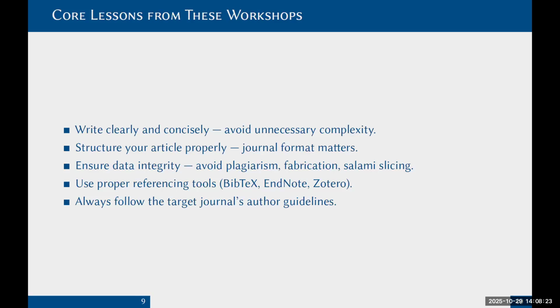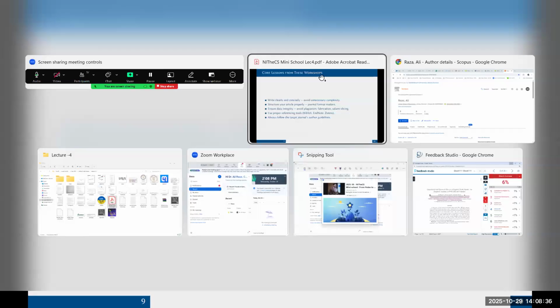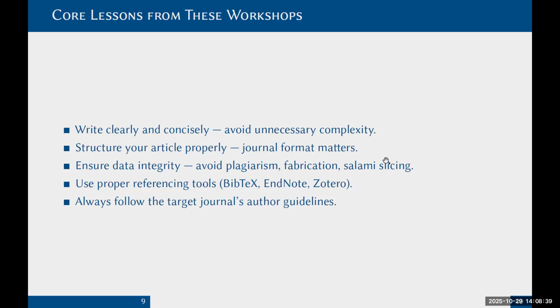I will show you in a moment what sections your article should have in order to write a nice article. Okay, so journal format matters. I will also show you guys in a moment what the journal formats are, why they matter, and how you should follow those formats in order to publish in respective journals.